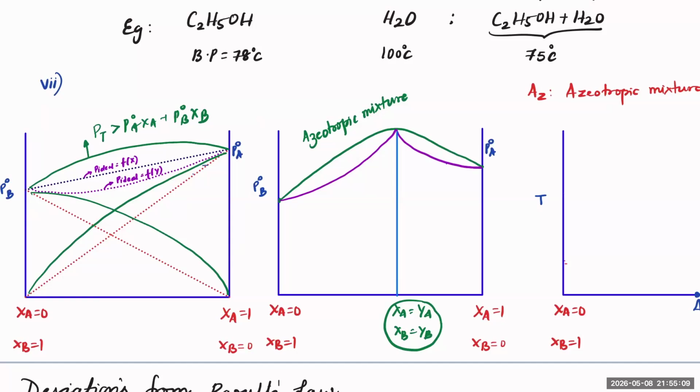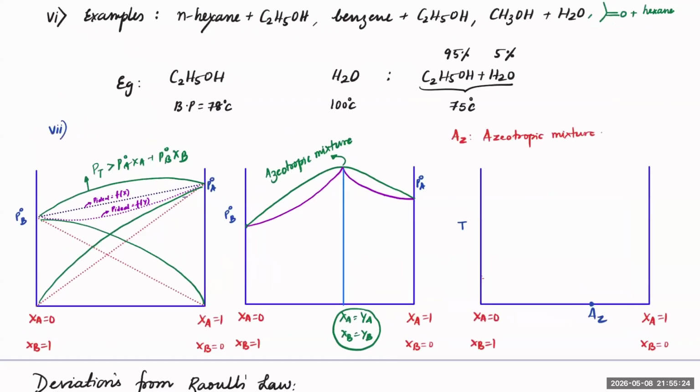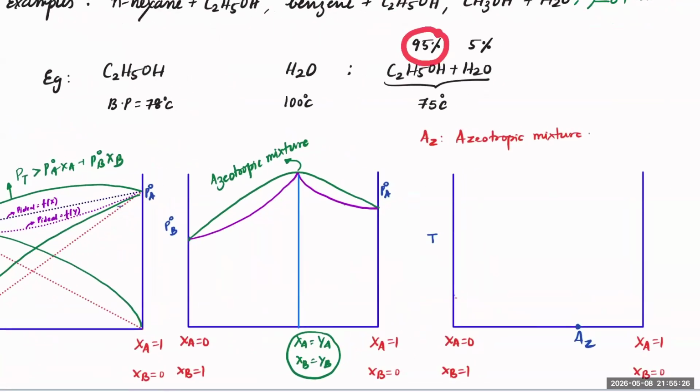At this point it is an azeotrope. So at this point it is called azeotropic mixture, everybody. Clear? For example, water and ethanol forms an azeotropic mixture when it is 95% and 5%.